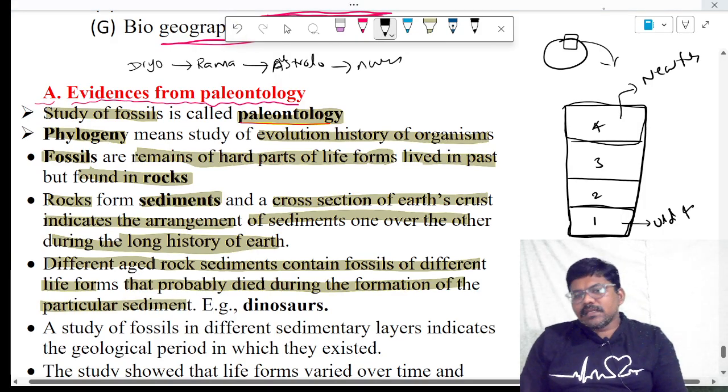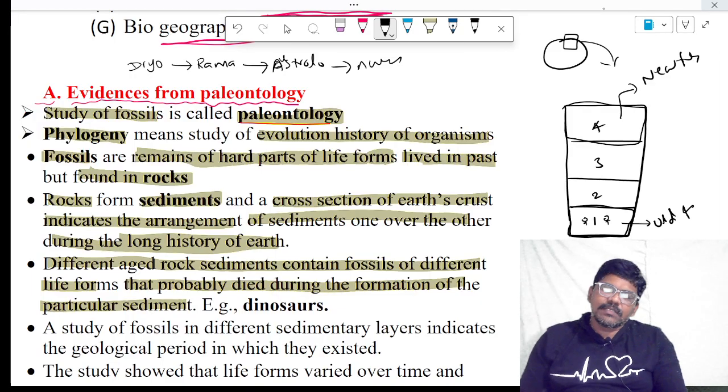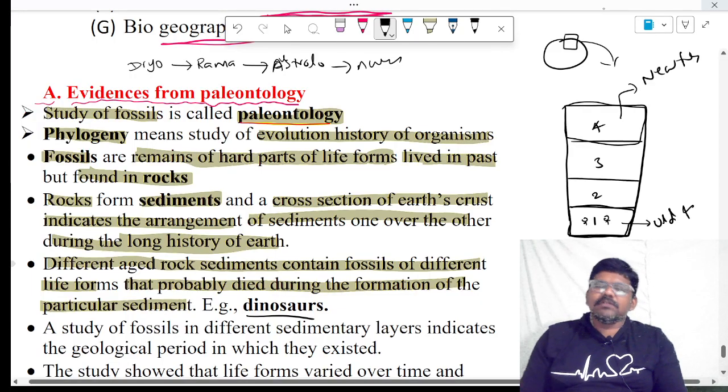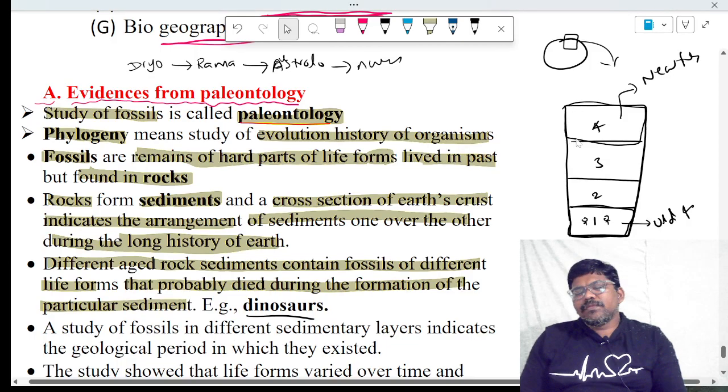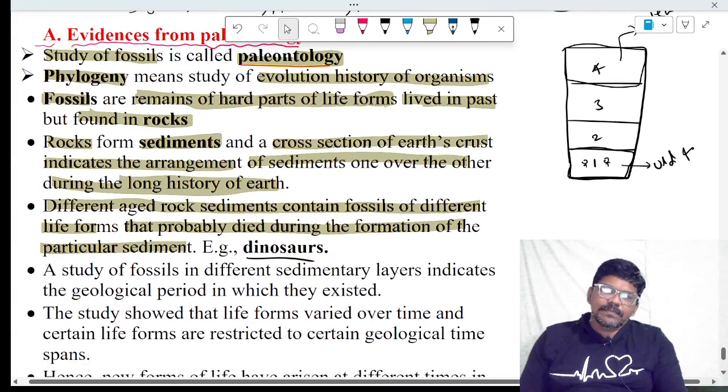Example, dinosaurs became fossils, and their fossils are found in the sediment formed in the Mesozoic era.